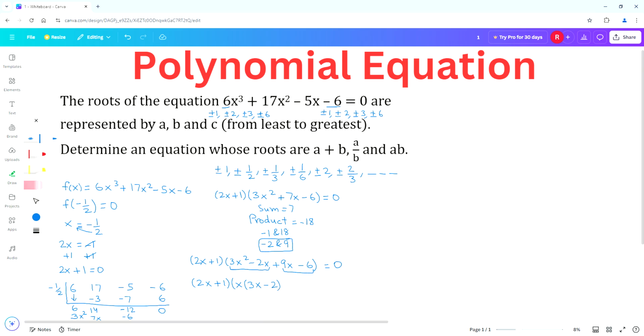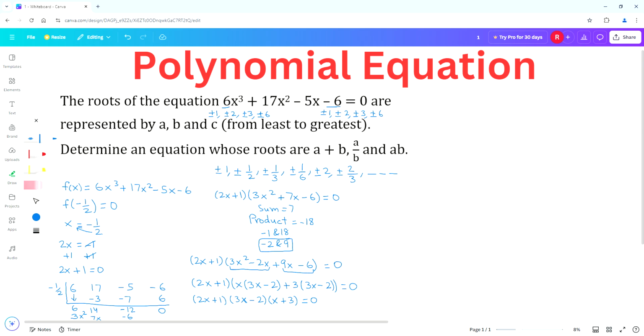Next, we can factor out a 3 from the second pair. Now we can factor out 3x minus 2 from both terms. This is the fully factored form of the given equation.